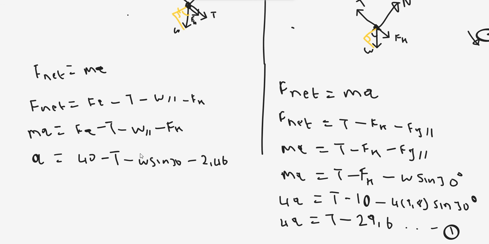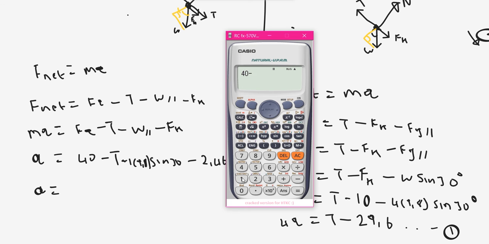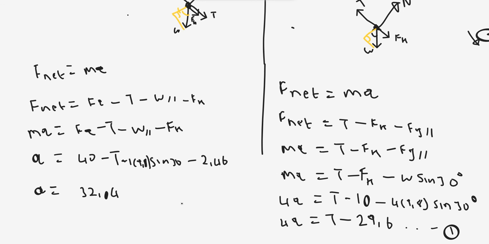And our weight here is 1 times 9.8. So we're going to say A is equal to 40 minus 1 times 9.8 sine 30 degrees minus 2.46, which equals 32.64 minus T, and this is our equation number 2.